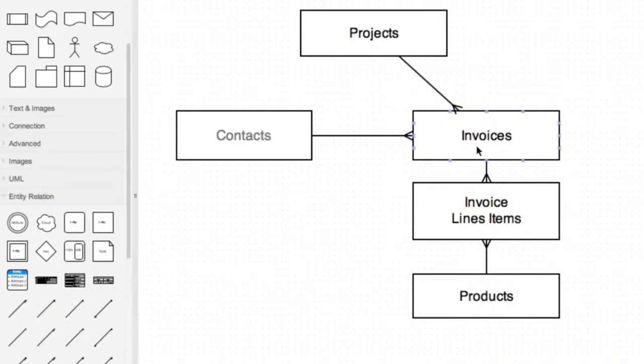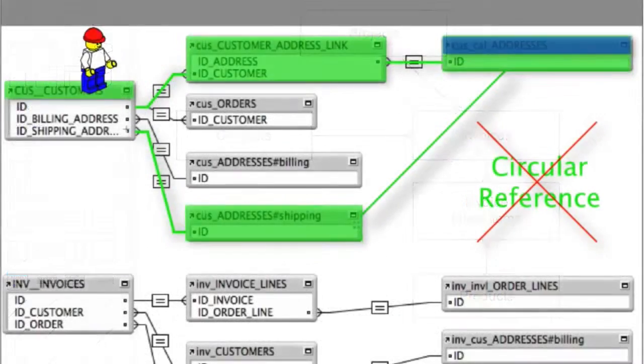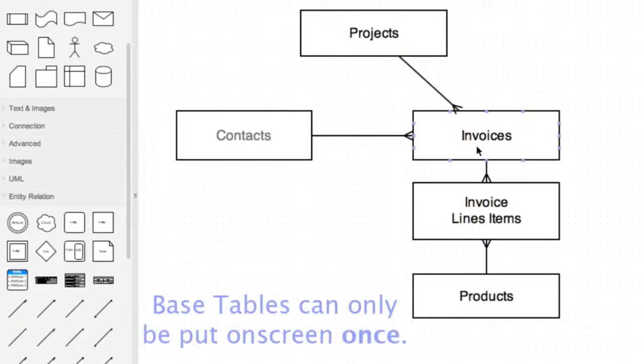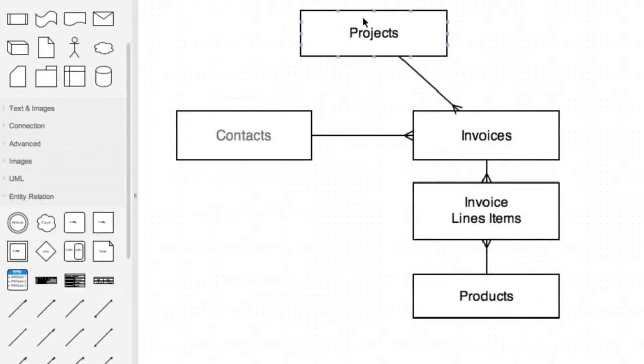Now, this is where things take an interesting turn. Remember we said that a relational diagram cannot have a circular reference, but you could put table occurrences on there from a table multiple times on a relational diagram. Here, these are base tables, and they can only be put on screen once. Well, we also know that a project can belong to a contact, right?